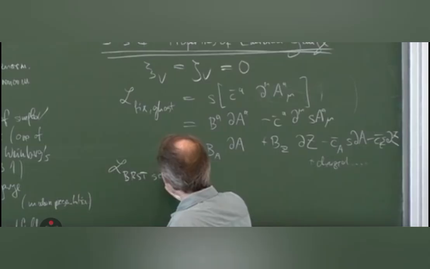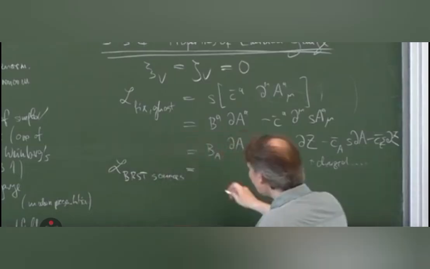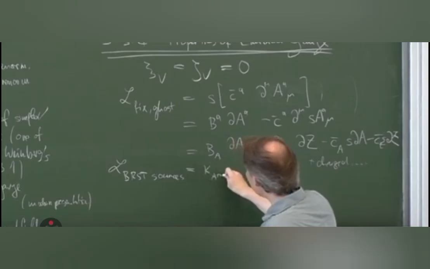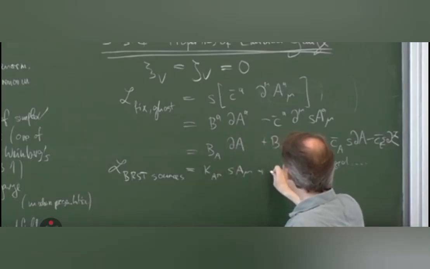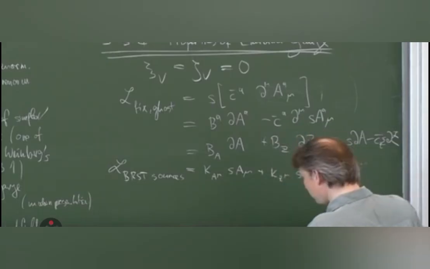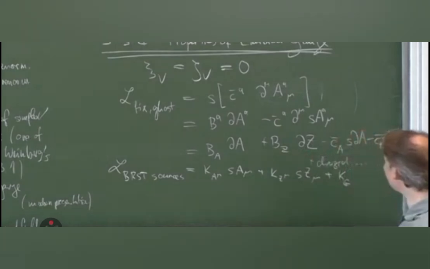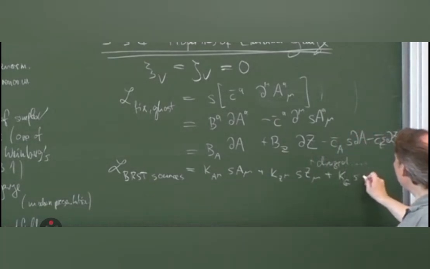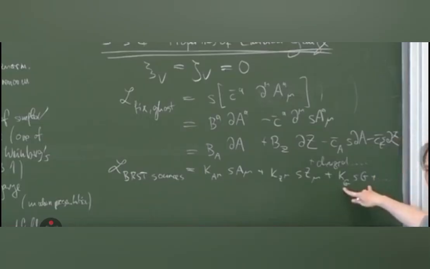So let us also write down the Lagrangian involving the BRST sources, which are those ones here, K_A^μ times the BRS transformation of A_μ, plus K_Z^μ times the BRS transformation of Z_μ, plus then also this for the Goldstone boson, K_G times the BRS transformation of the Goldstone boson, plus all the other ones. And why do I highlight this one?